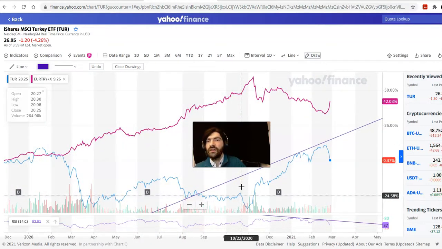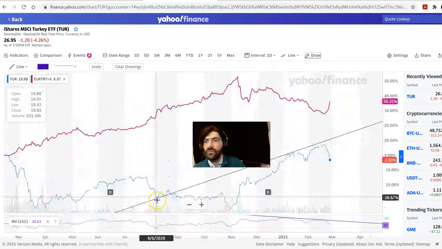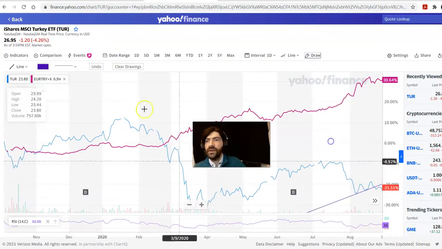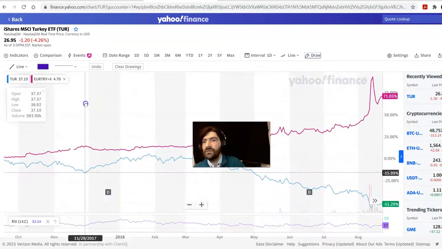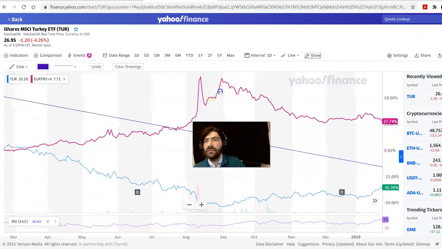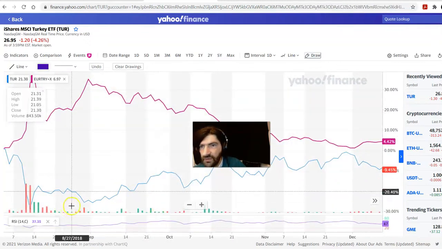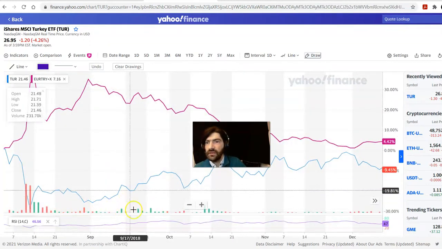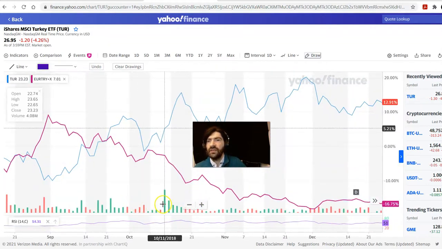We need to look back as well to see how this happened before and the effects it had. So back in 2018, that big move, what was the buying back then? So we scroll back to that move in 2018 and see what the mood was back in August. That big spike and then the descent of the pair. And there we had the buying, and again fairly significant buying here, and it got to these levels.